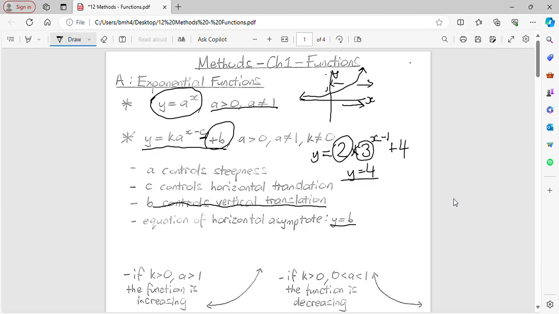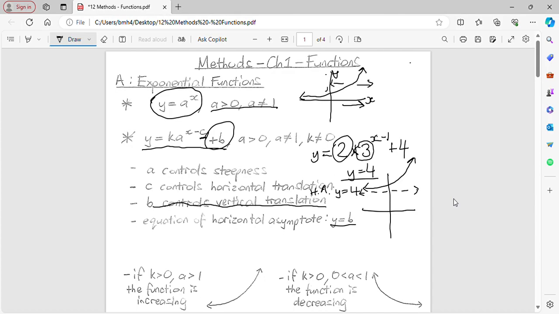So you'd have a graph that looks, it's not going to look exactly like this, but the asymptote is definitely going to be y equals 4. So that's our horizontal asymptote. And so it's going to look something like that.